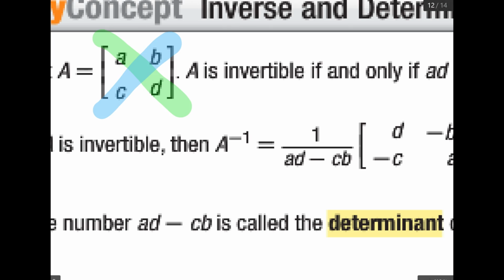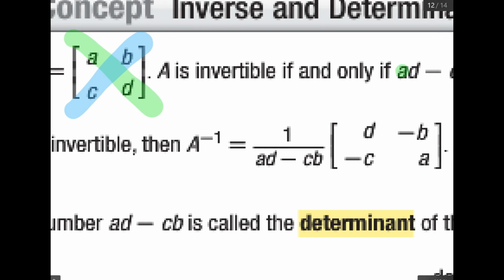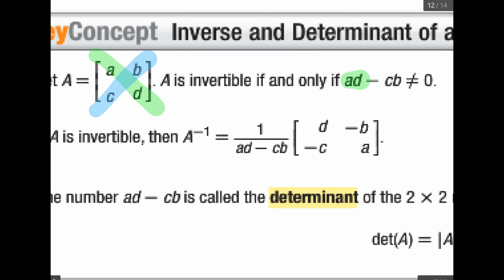So if I do A times D, that's literally the top left and bottom right corner, and multiply those two numbers together. Subtract C times B, aka the top right hand corner and the bottom left hand corner. If you subtract them and it's equal to 0, guess what? We don't have an inverse for the matrix. Literally, there won't even be one that exists.